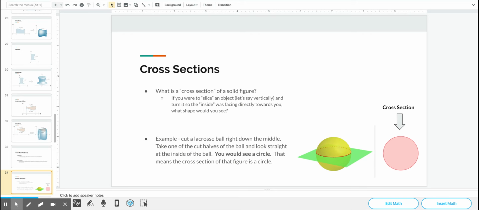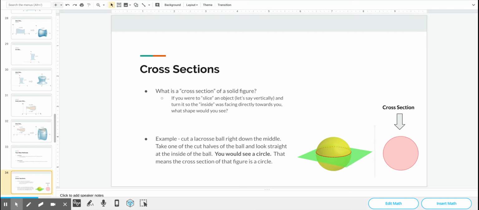Then you took one of those halves and you turned it inward, so you're looking at that face of the ball that you cut. So pick it up off the ground, say it's laying flat, and turn it towards you. What shape would you see after cutting that lacrosse ball in half? What shape is inside of the lacrosse ball? You would see a circle, right? And so that circle is called the cross section of the object, of the lacrosse ball.